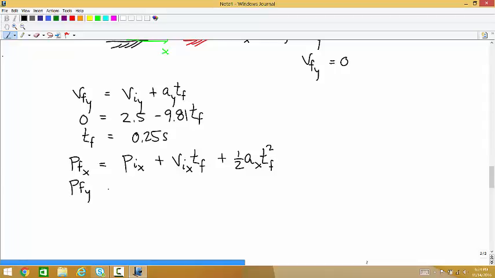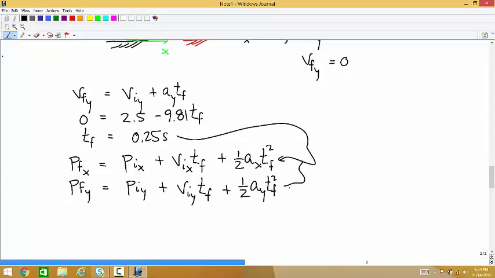And then PFY is equal to PIY plus VIY TF plus 1/2 AYTF squared. And once you have that, the displacement vector is PF vector minus PI vector.